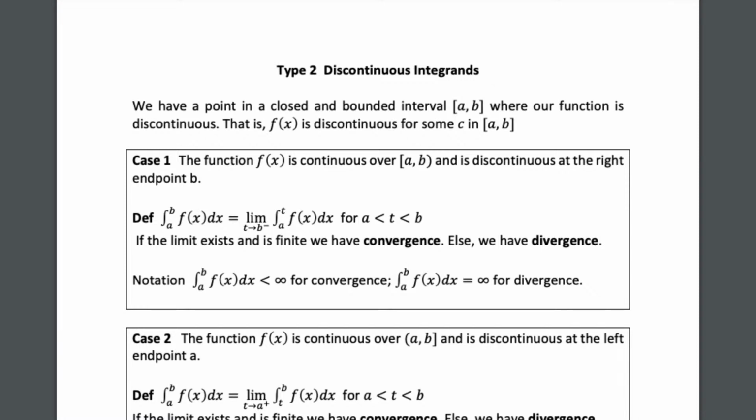Now we're going to look at the second type, second class, however you want to describe it. Remember, typically, you have integrals that are thought of as proper. Remember, you got an integral from a to b, f(x) dx.